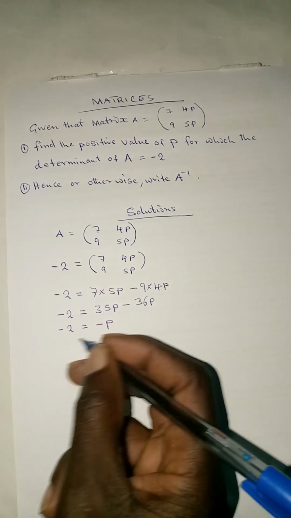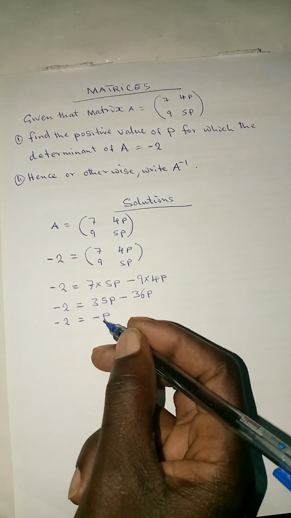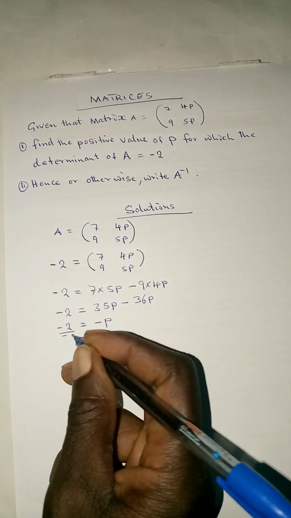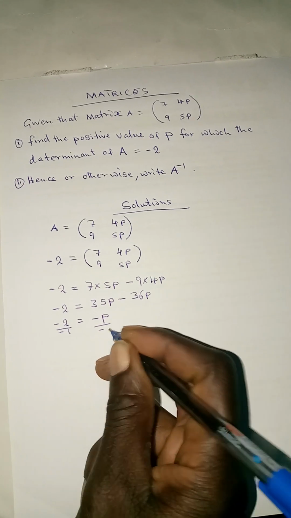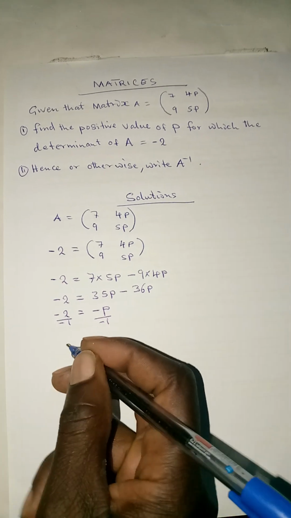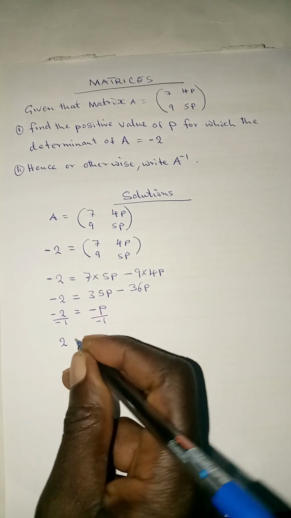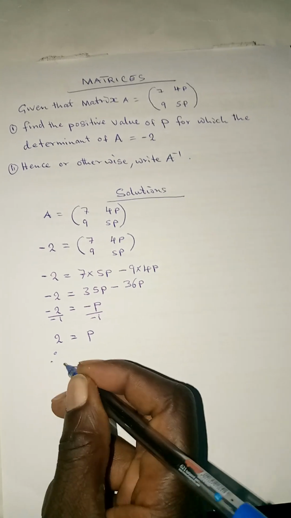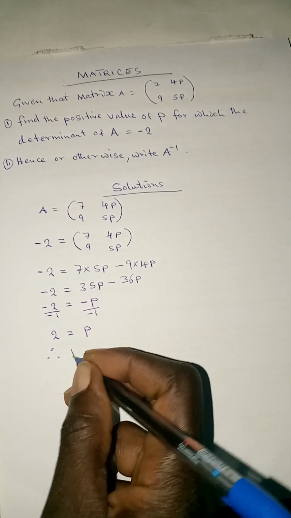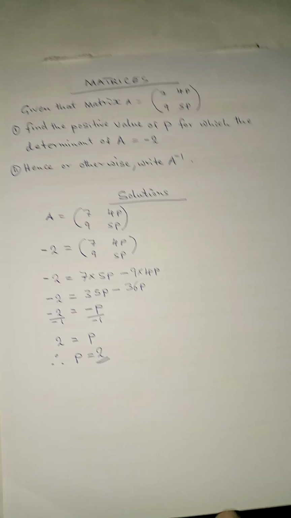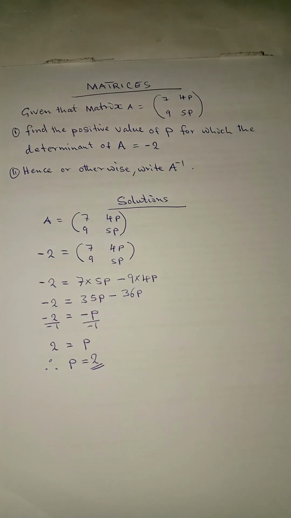There should be no letter in the negatives now, so we divide both sides by -1. The negative and negative cancel each other. So here we have 2 equal to P. Therefore the value of P is equal to 2. This is your answer number 1.